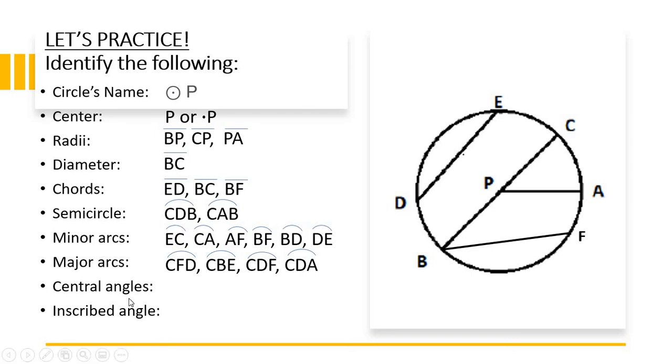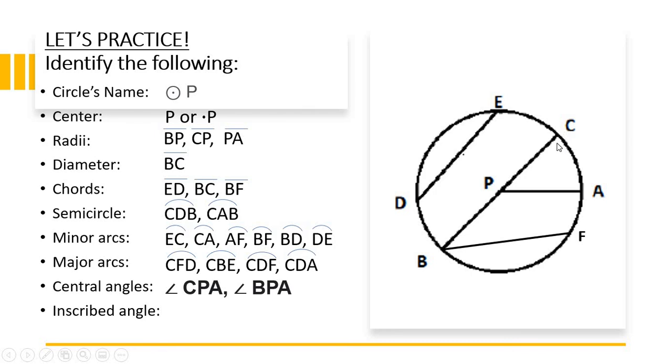Next, how about the central angles? So, again, when we say central angles, yung vertex niya ay yung center at yung kanyang dalawang sides ay radii. So, we have angle CPA and angle BPA as our central angles in this illustration. Last but not the least, the inscribed angle.